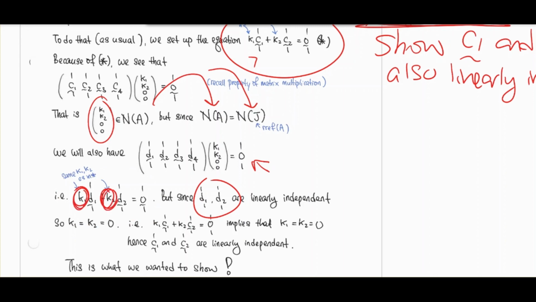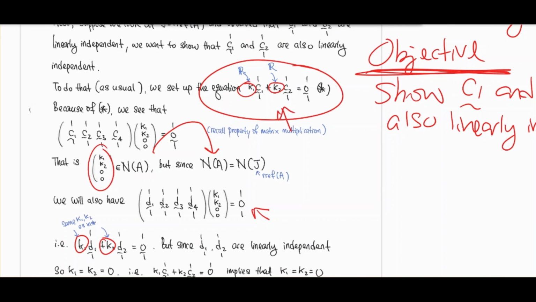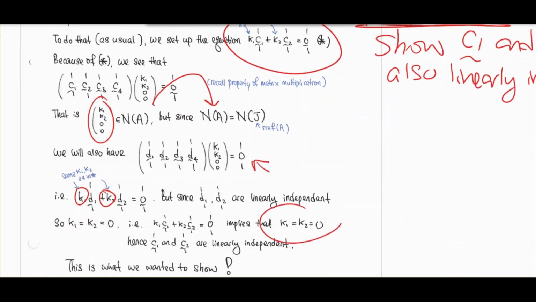By the way, this K1 and K2 is the same K1 and K2 as in this system. The K1 and K2 right here, which have to be 0, are the same K1 and K2 right here that make this equal to 0. So if you set up this equation equal to 0, you have no choice but for K1 and K2 to be 0. What does that mean?